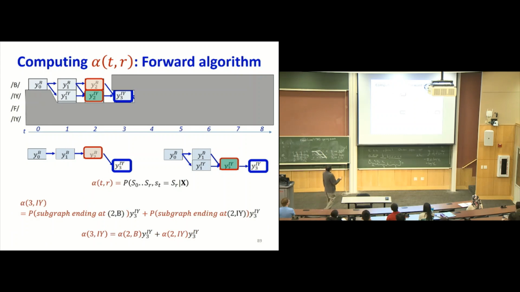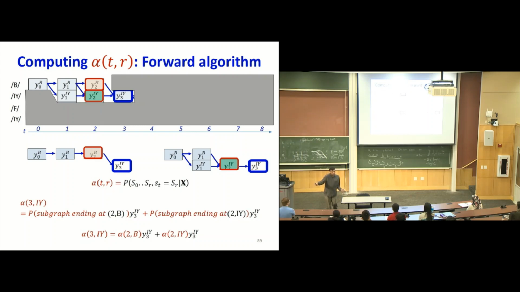I can generally write this as, what is the total probability of the subgraph that ends over here? That's simply alpha 2b. Right? The same definition, correct? The total probability of the subgraph that ends here, that's just alpha 2e. See the recursion over here, right?